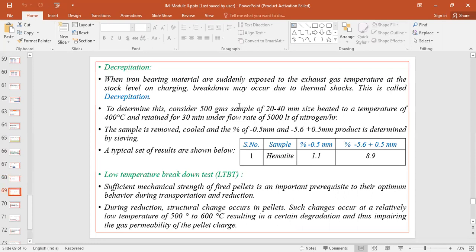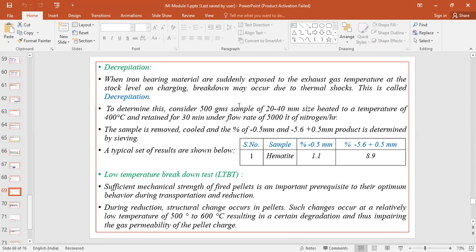When iron bearing materials are suddenly exposed to the off gases at the stock level during the charging process, there is a possibility that crack formation may take place due to thermal shocks, because we are not doing any preheating of the charged material. We are taking the raw materials from room temperature and simply charging into the blast furnace.